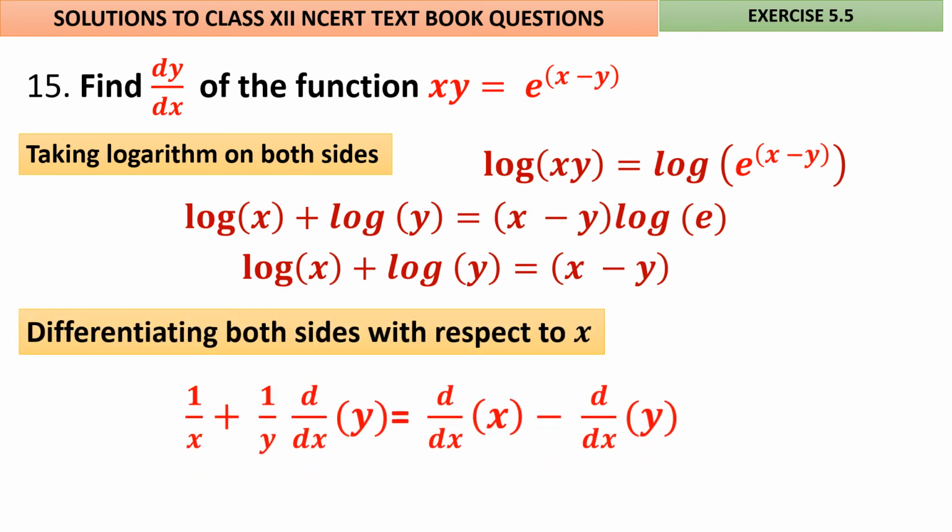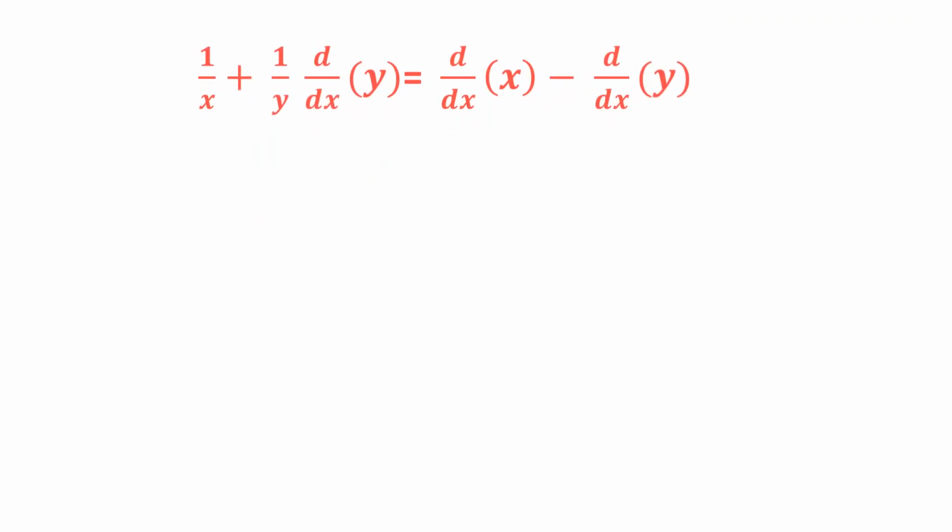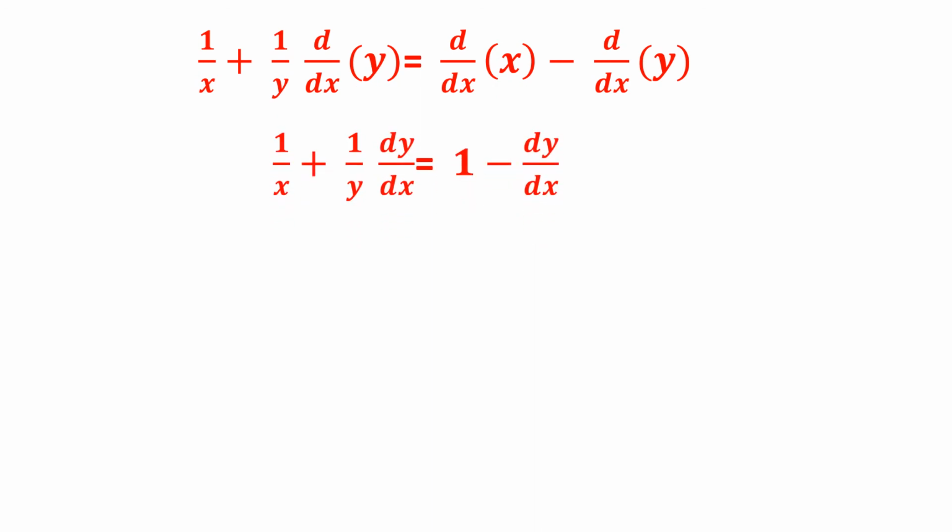Log x differentiation is 1 by x. Log y differentiation is 1 by y dy by dx. Differentiation of x minus differentiation of y on the right hand side. You got the steps like this. 1 by x plus 1 by y into dy by dx equal 1 minus dy by dx. Take dy by dx terms to one side.